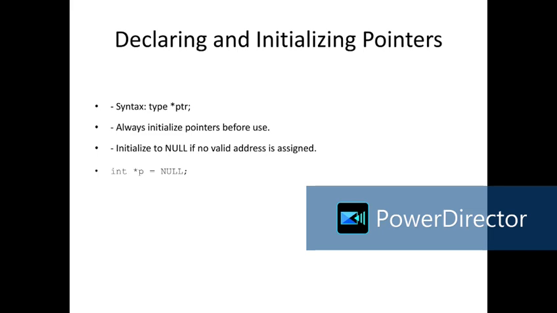This signals to your program and to you that the pointer is not pointing anywhere meaningful yet. Always remember: declare with a star to indicate it's a pointer, and initialize immediately with a valid address or NULL. What happens if you dereference an uninitialized pointer? The answer is undefined behavior and likely a crash.